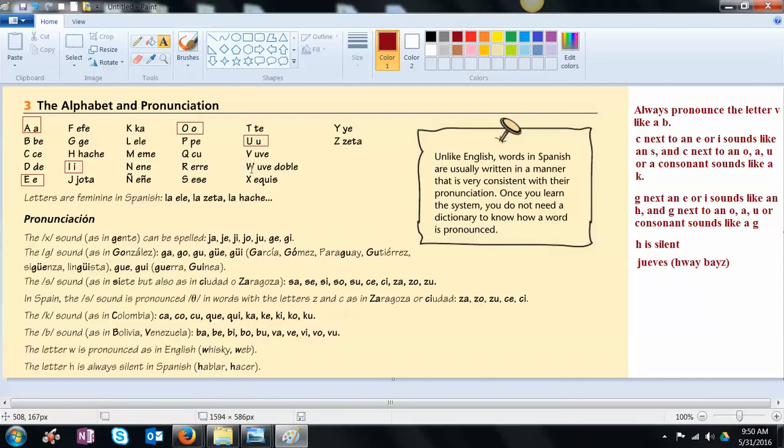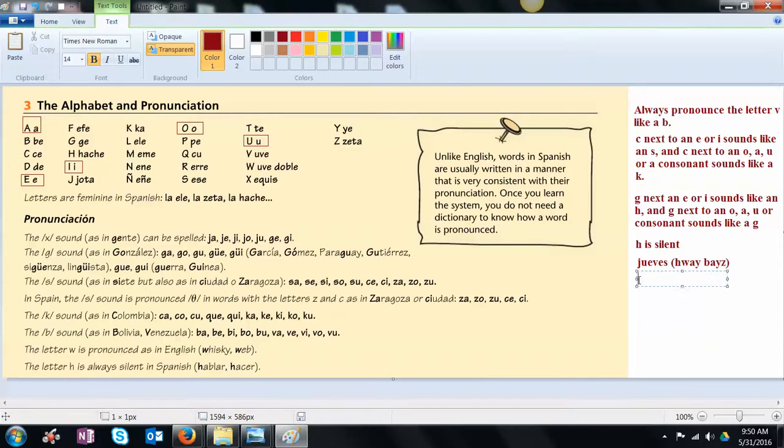And the W sound you can see in jueves is usually made by the U. So you have jueves, or a word like muerto. The U usually makes the W sound, okay?